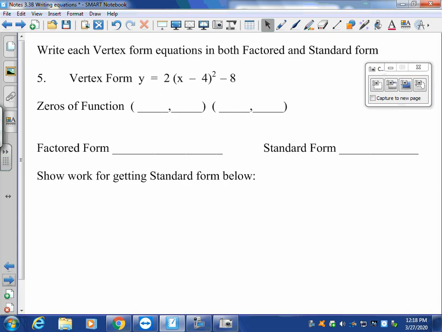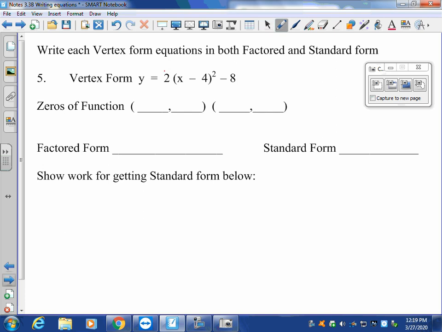Okay, so now we're going to look at what if I give you vertex form first and you are asked to work it out into factored form and standard form. Standard form doesn't give you quite as much information as factored form does from the graph, but we're still going to graph it because it can give us some information.